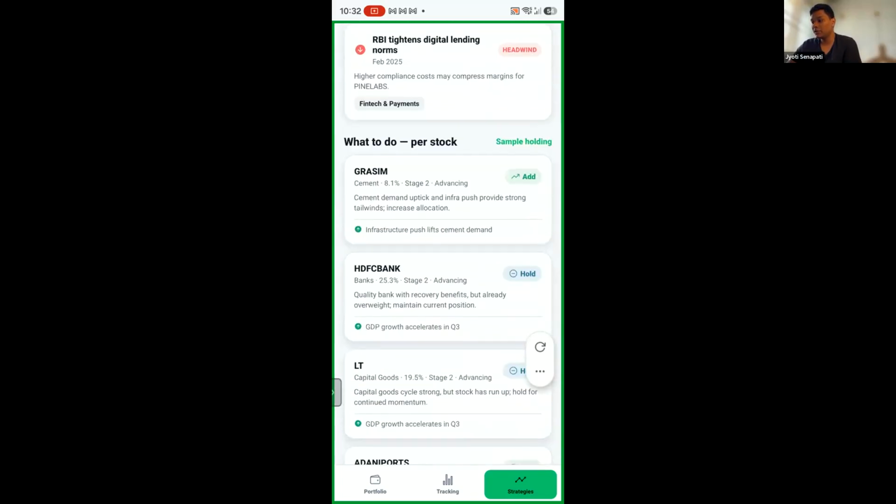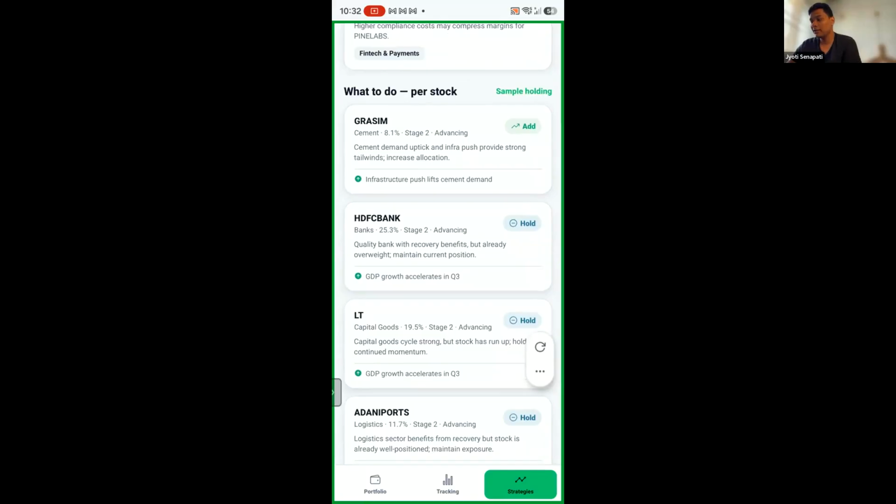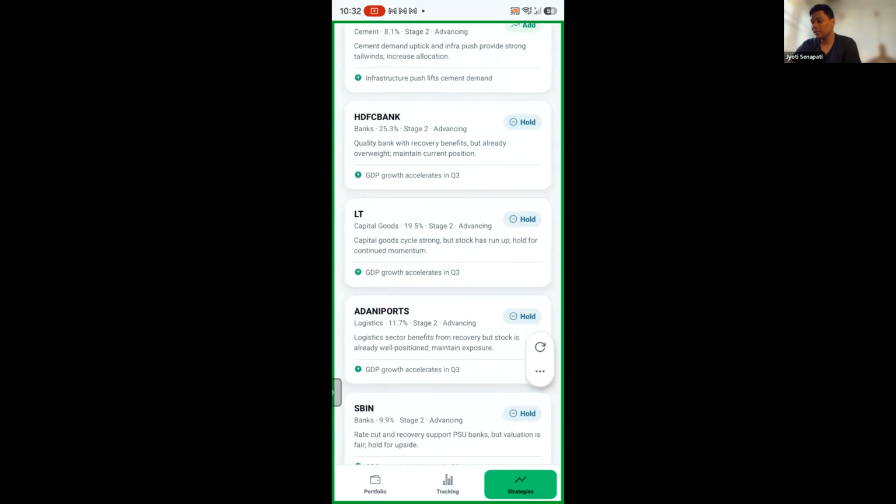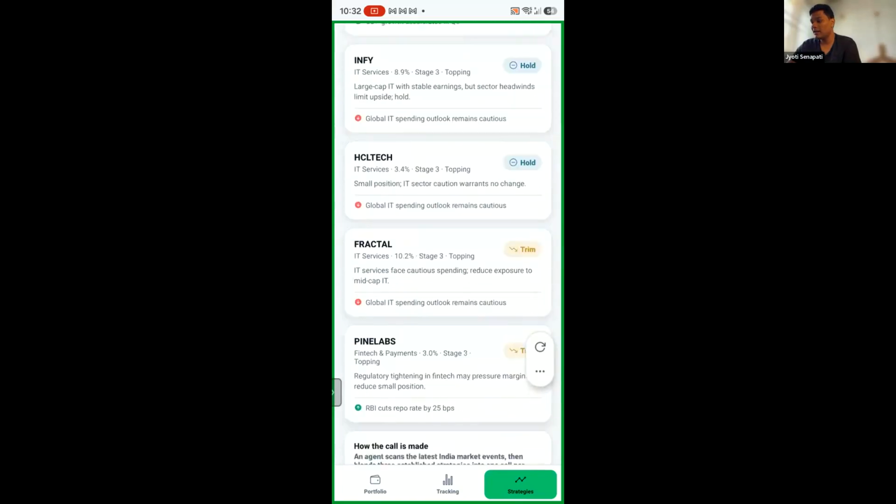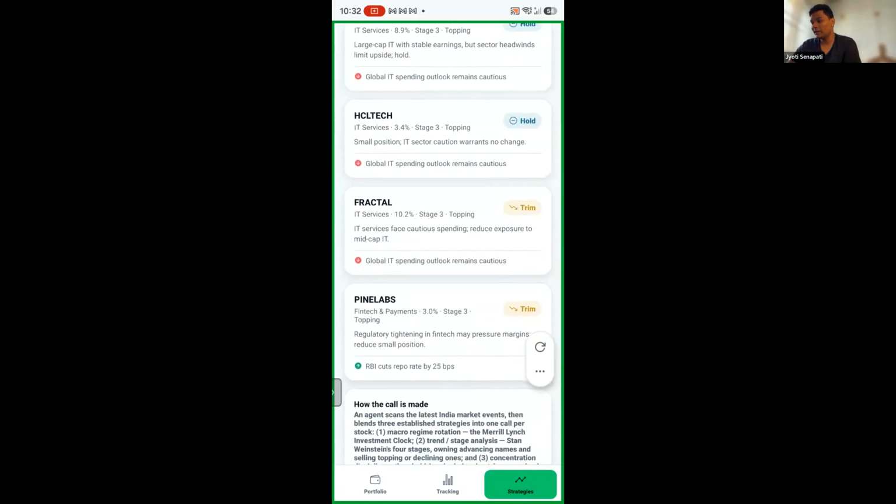It tells you per stock level what you want to add, depending on the decisions it has made, the market tickers it has seen, and the bull and market cycle it has seen. So it tells me to keep Grasim, hold HDFC and L&T, and sell Pine Labs and Fractal. It's not foolproof as such. I'm still testing it. But this is the app that I would probably keep on using later on.